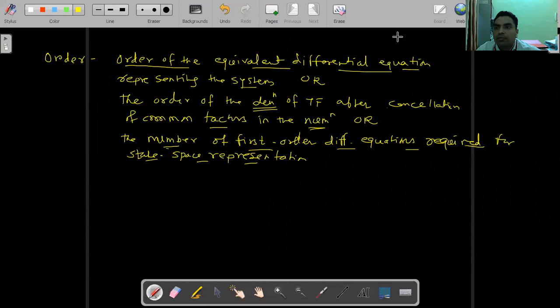Next point is output response of the system.